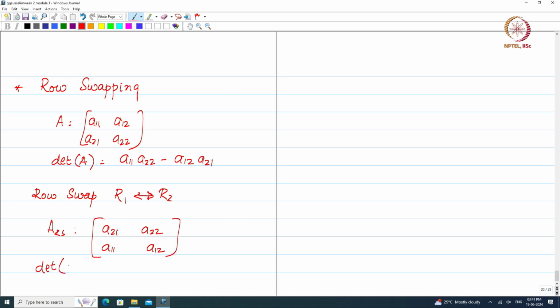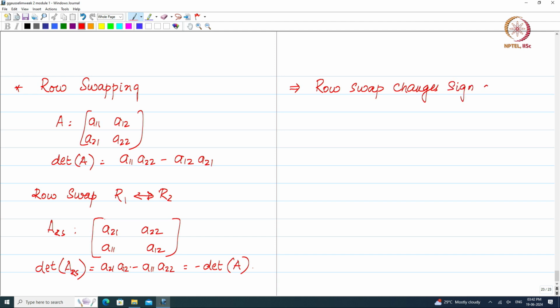The determinant of A row swapped is A21 into A12 minus A11 into A22, that is minus of A11 into A22 minus A21 into A12, that is minus determinant of A. Thus, we see that the elementary operation of row swapping changes the sign of the determinant.